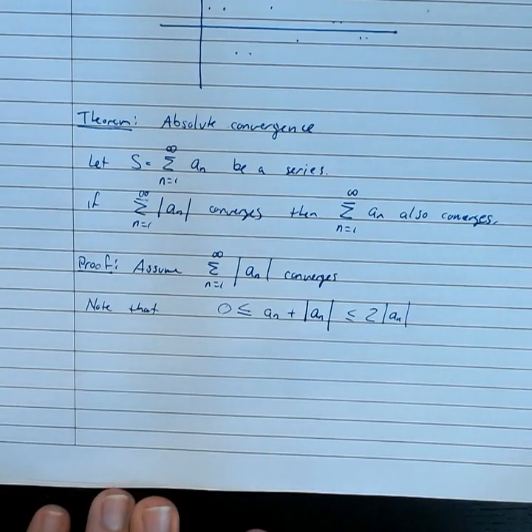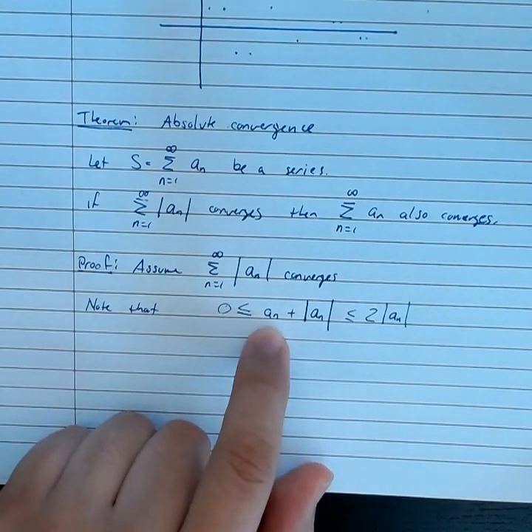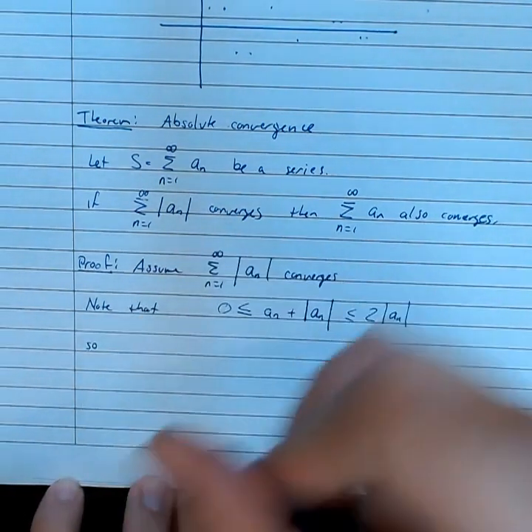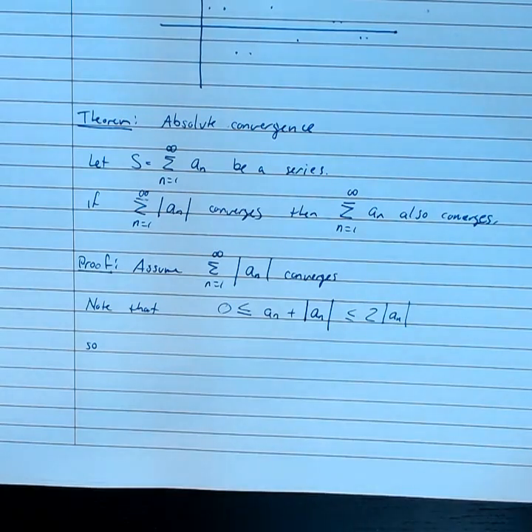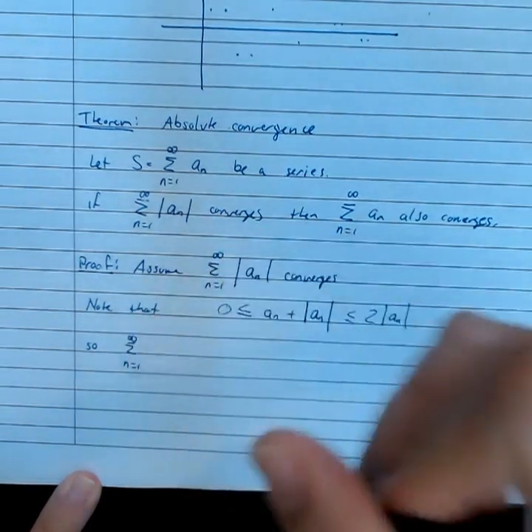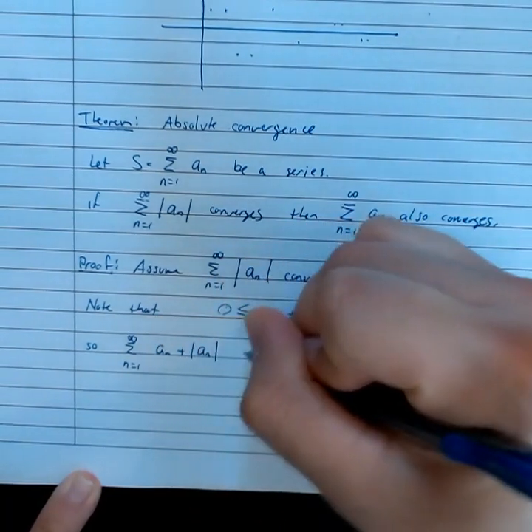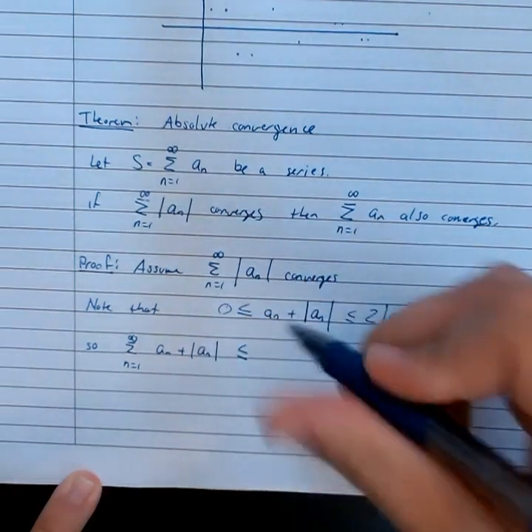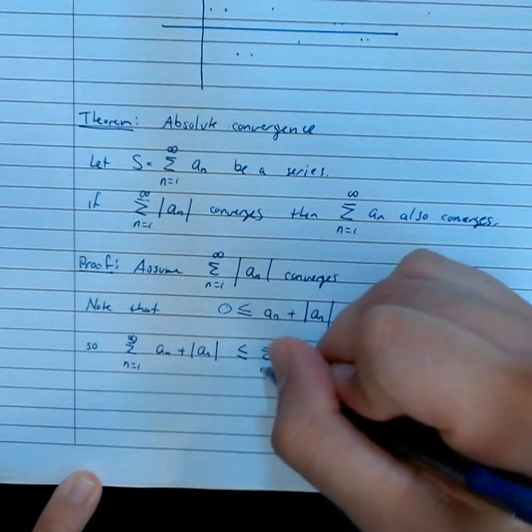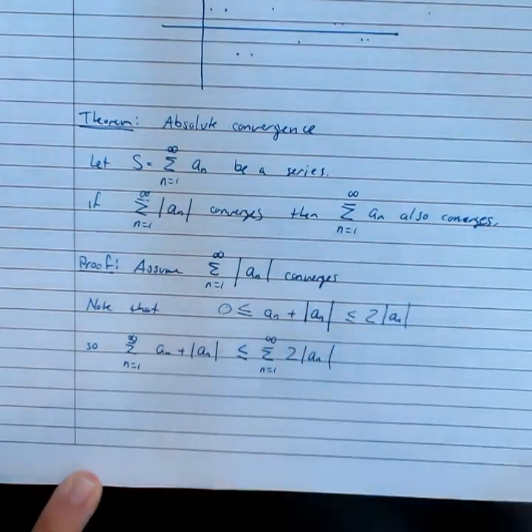So now let's consider a series of terms that look like this: the sum as n goes from 1 to infinity of a sub n plus the absolute value of a sub n must be less than or equal to the sum as n goes from 1 to infinity of double the absolute value of a sub n.